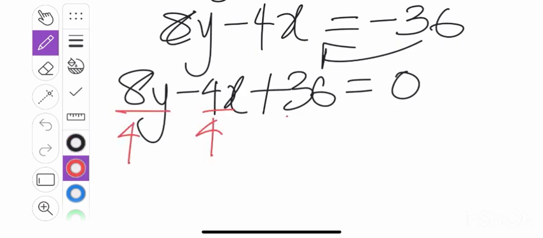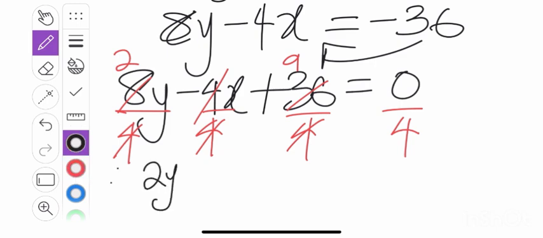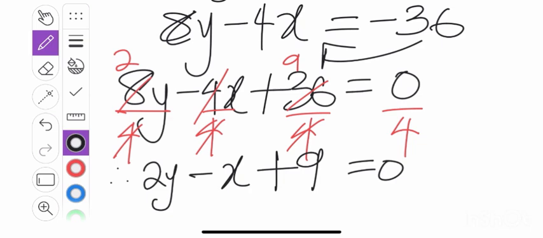So divide all through by 4, and even 0 by 4. This will give us 2. Then 4 in 36 will give us what? 9. So write out the remaining expression, 2y minus x plus 9 equal 0.